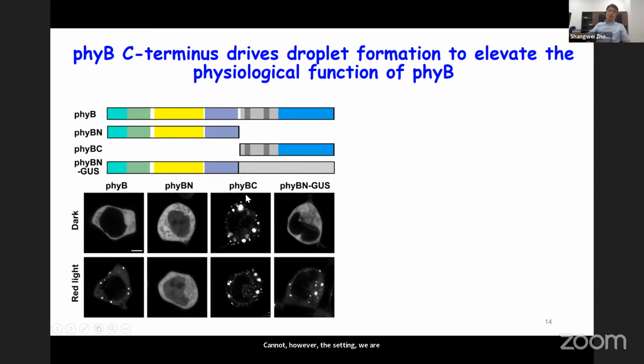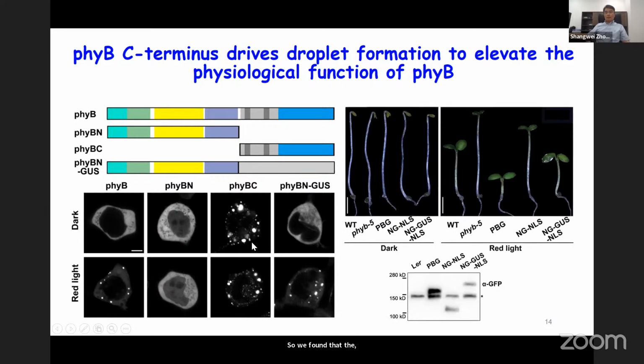The phyB C-terminal was previously reported to be a self-association domain. So we fused the phyB N-terminal with a GAS tag. GAS protein is also a self-association protein. So we found that the GAS fusion will restore this photobody formation.